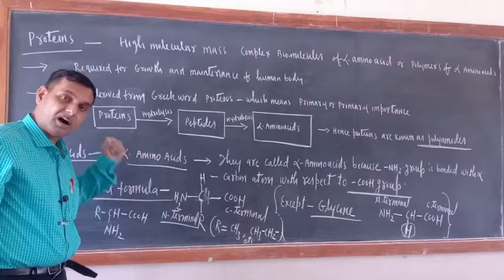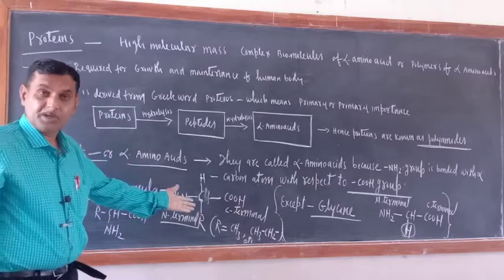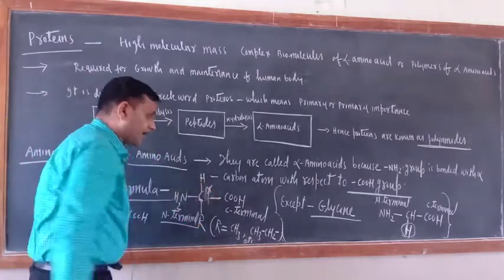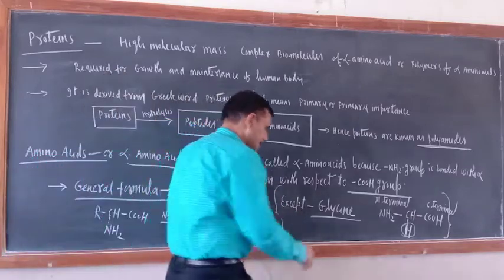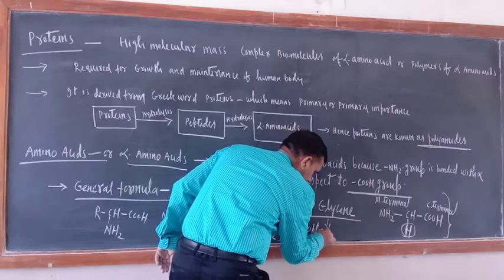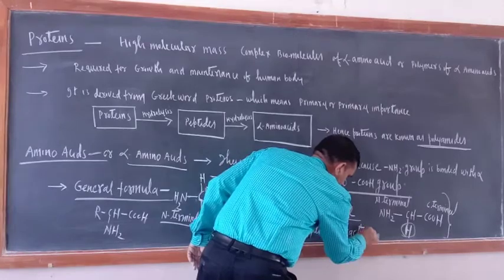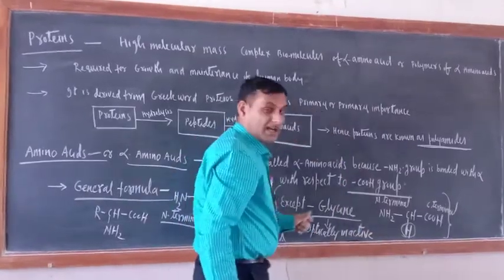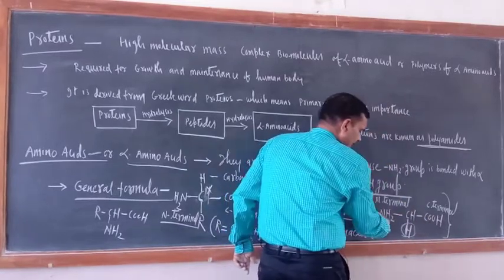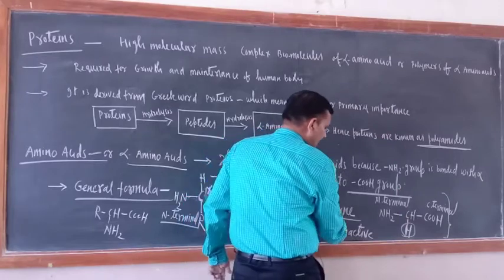So we can say all alpha amino acids are optically active because they have got a chiral carbon atom. This is a chiral carbon atom or not? But glycine is optically inactive. Why? Because it does not have a chiral carbon atom. Just see, one valency COOH, second NH2, third and fourth by H. So this is optically inactive.